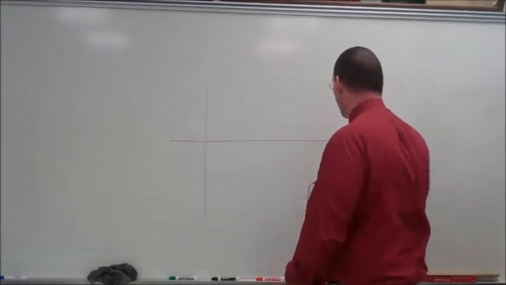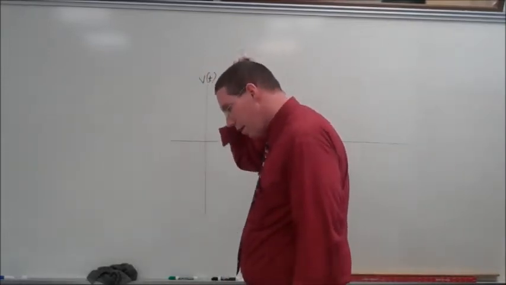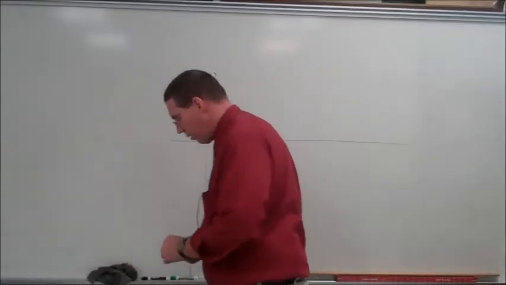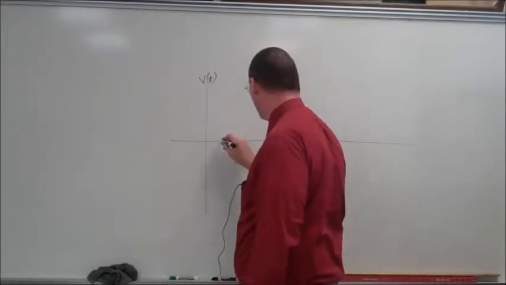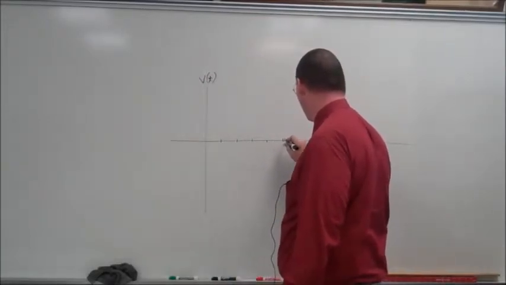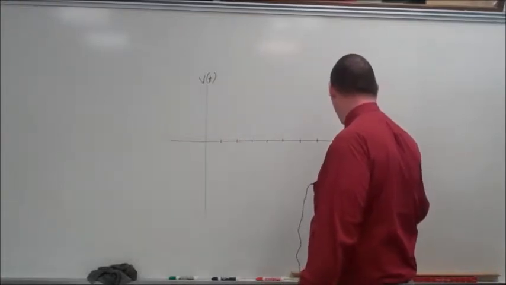It says that this is the velocity of an object that's moving. And this is what the velocity looks like. It goes from 1 to 9. So 1, 2, 3, 4, 5, 6, 7, 8, 9.